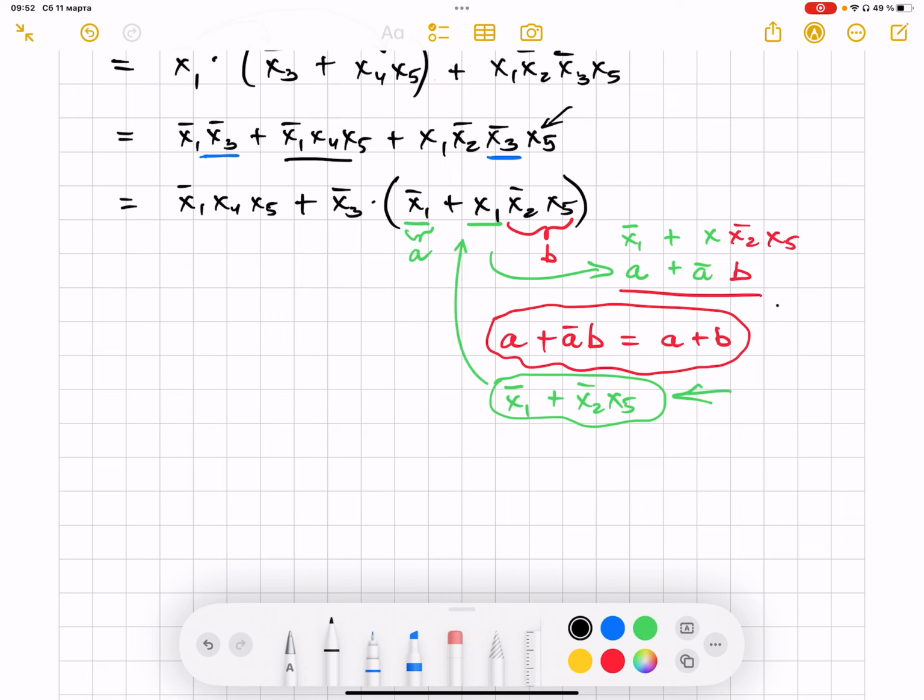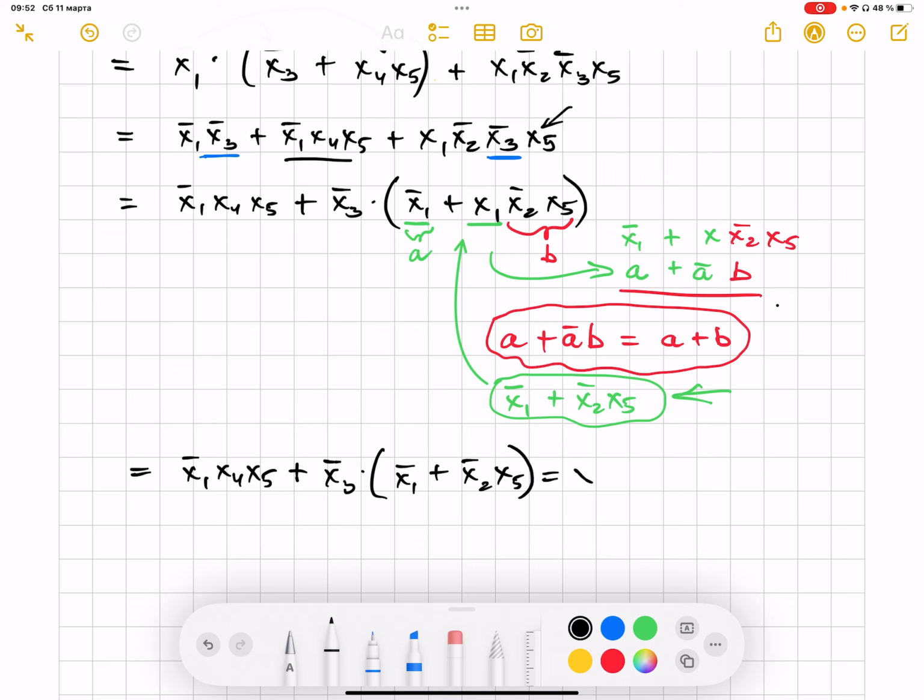So let's continue. So rewriting this again, x1 bar x4 x5 plus x3 bar multiplied to x1 bar plus x2 bar x5. So let me open the brackets now.